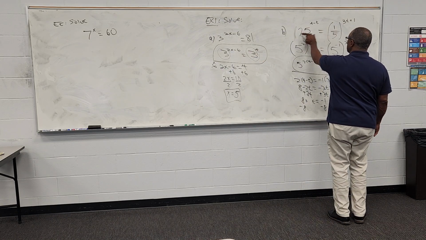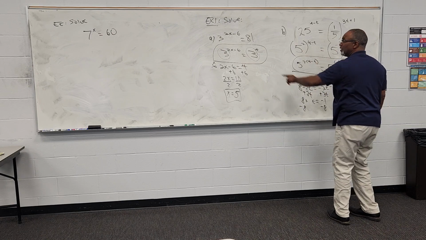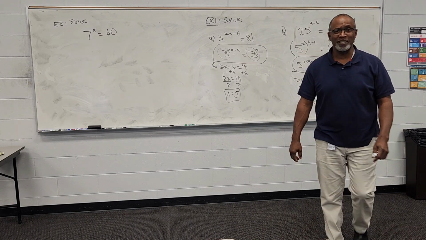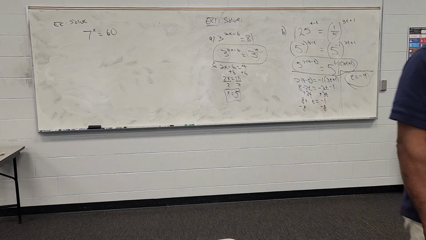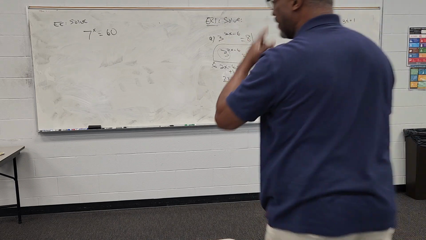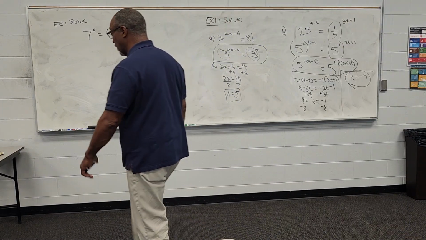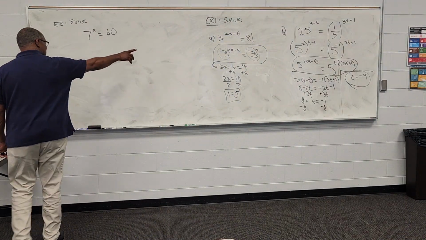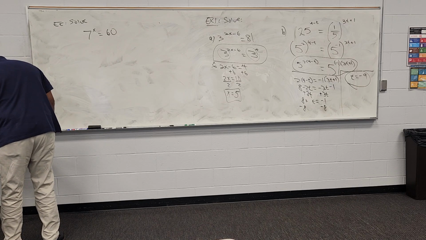Same thing here, I can express this number and this number as base 5. But there's no way for me to express 60 as a number with base 7. So I'm going to need another method. That equivalence property will not work when I can't express things with the exact same base.